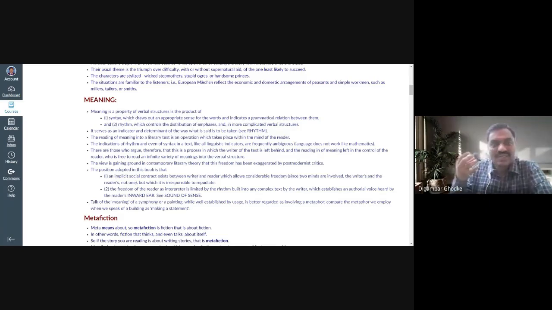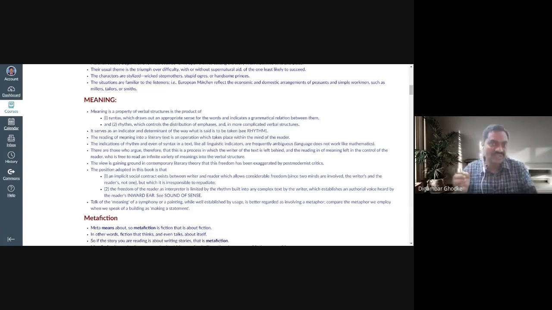Syntax is the arrangement of words into a sentence, into a phrase, etc. It deals with the study of the arrangement and organization of words into phrases and clauses and sentences. So it indicates the grammatical relation between different elements of that sentence.